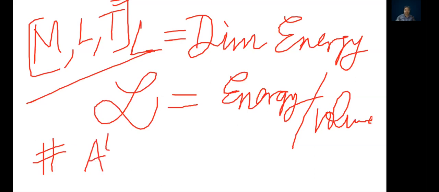A^i मतलब वेक्टर पोटेंशियल. तो वेक्टर पोटेंशियल की डायमेंशंस भी आप M, L और T को यूज करते हुए लिखने की कोशिश करिए.